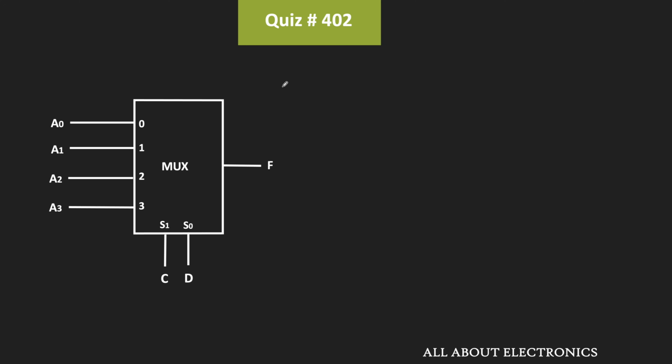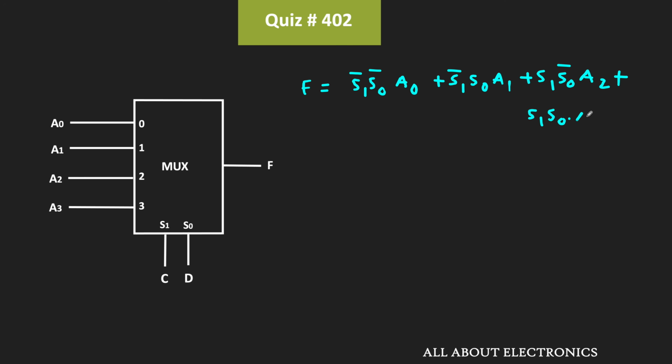That means the output F is equal to S1 bar dot S0 bar dot A0 plus S1 bar dot S0 dot A1 plus S1 dot S0 bar dot A2 plus S1 dot S0 dot A3. So this is the Boolean function of this given multiplexer.